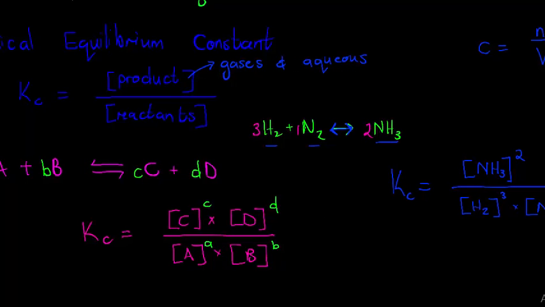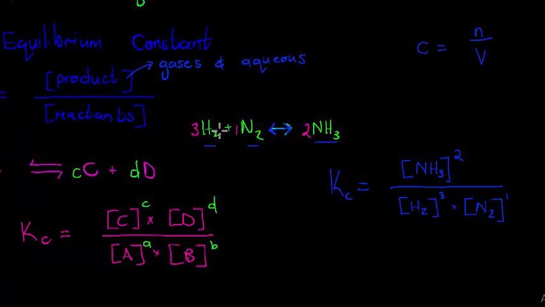In our reaction equation we often state the phase by putting gas, liquid, solid, or aqueous, in other words, I've dissolved it into something, next to it. The only time I will actually use the concentration in the chemical equilibrium constant is if I'm working with a gas or with an aqueous solution, because these are the only ones where it makes sense to actually work out a concentration.